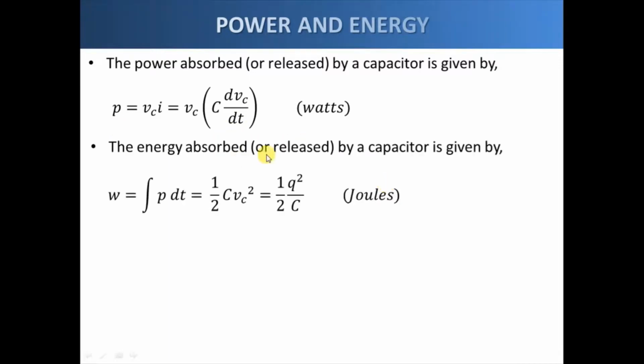The energy absorbed or released by the capacitor can be derived by simply integrating the formula for P dt. Since P is given by this one, we plug it in and you will get 1/2 C V_C squared. And since we have the relationship Q equals C V_C, we can also express the energy absorbed or released by the capacitor in terms of the Q stored by the capacitor.